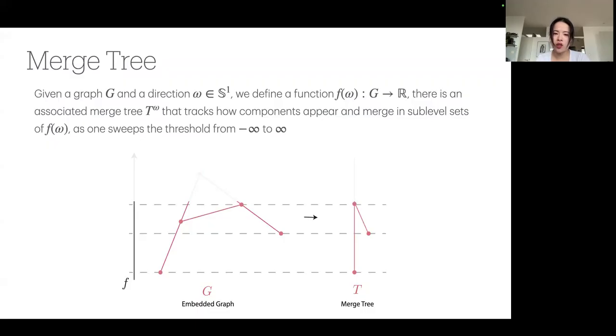Now, on the way, we actually passed through a third vertex, but that didn't actually do anything to the merge tree because it didn't affect the number of connected components in our subgraph induced by this threshold, so that didn't change anything. And anything beyond this height, everything is one single connected component, so we have an infinite tail attached to the merge tree. So that's how we represent an embedded graph at a fixed direction using merge tree.